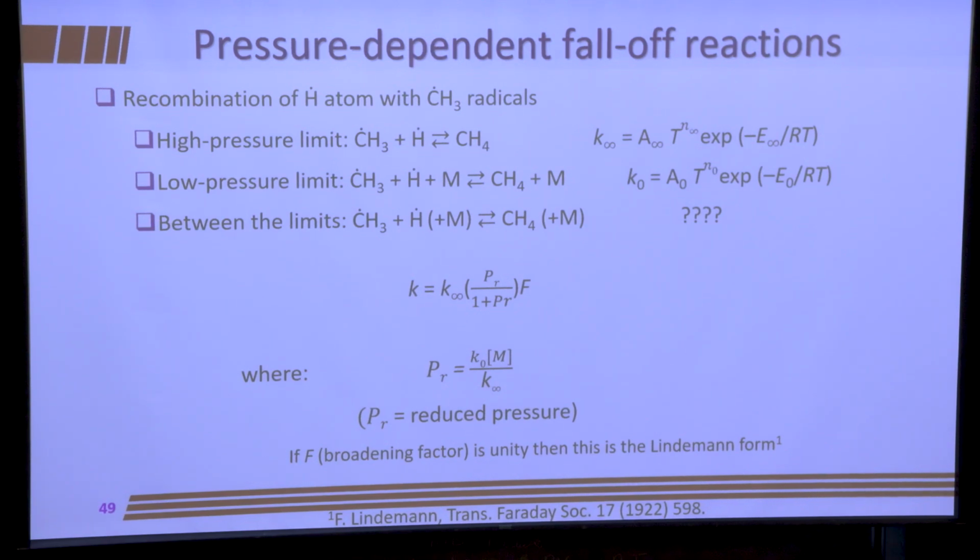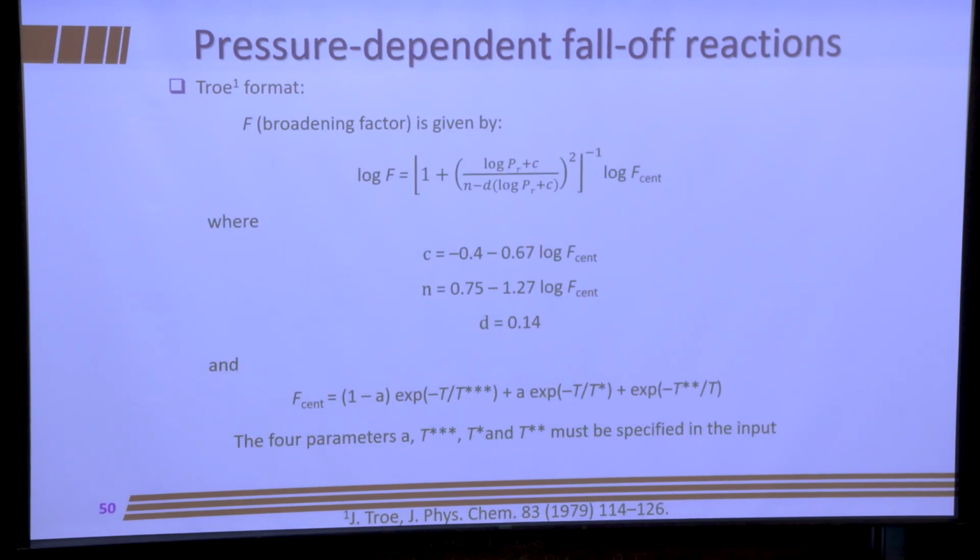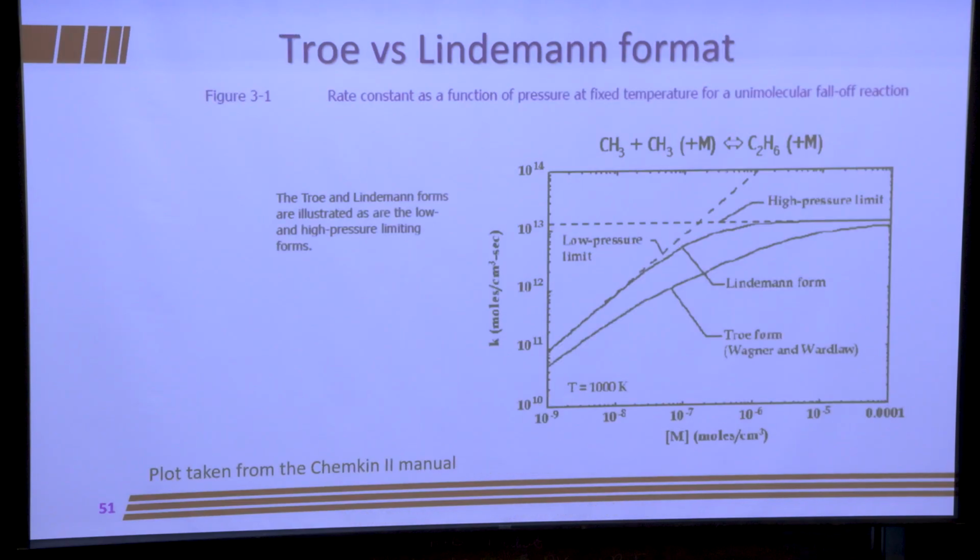And then when you do all that, you get a fit between K0 and K infinity. It's not quite right, you can see there. Sorry, I took this plot from the Chemkin 2 manual.